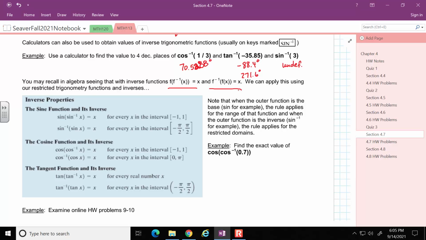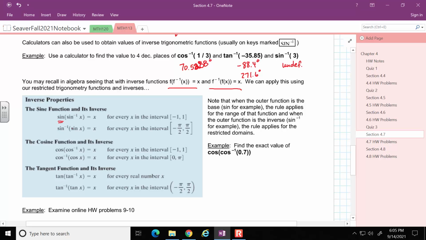So in other words, if I try to take the sine of the sine inverse of x, that's only going to work if x is between -1 and 1, right? So my outer function is sine. I can only have a value between -1 and 1. So if this value x here is, say, -1.2, I can't just say that the sine of sine inverse of -1.2 is -1.2, because it's not necessarily.